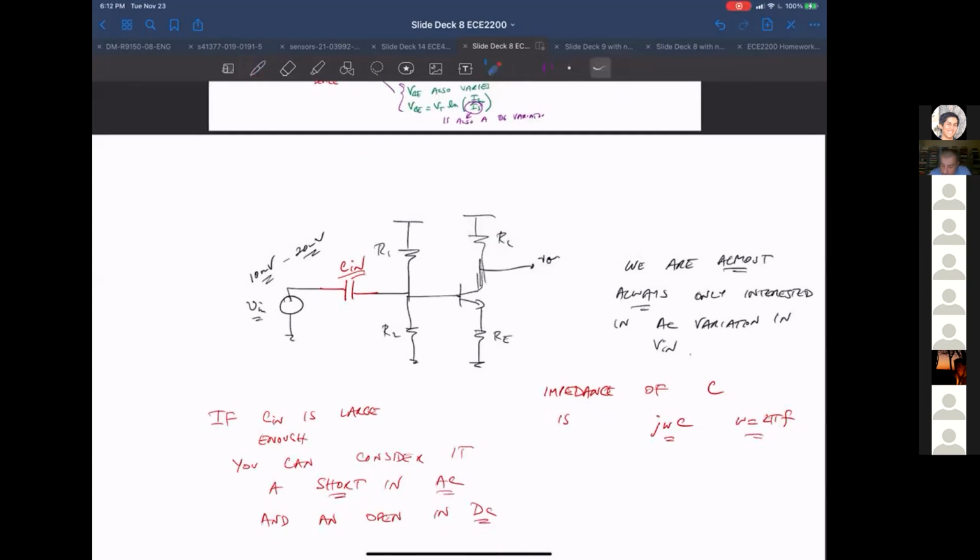So it always looks like an open circuit in DC, if you have a voltage here.